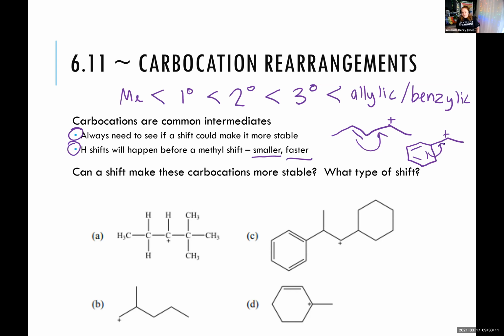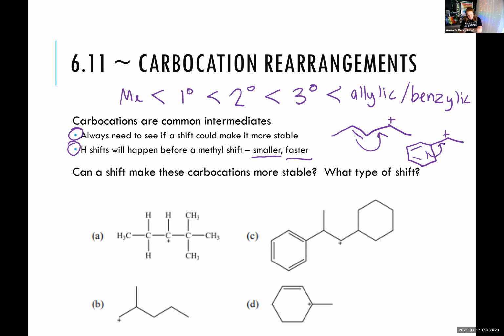Both of those have resonance, which is going to help stabilize that carbocation. We learned about resonance and drew these kinds of things. But because of that resonance, it puts those categories above the rest of them.